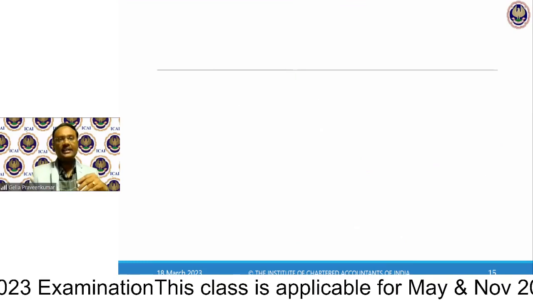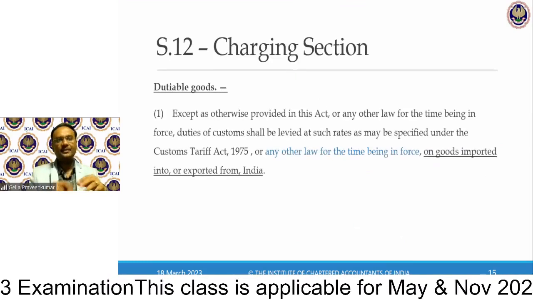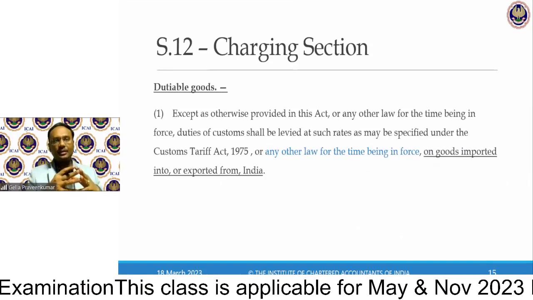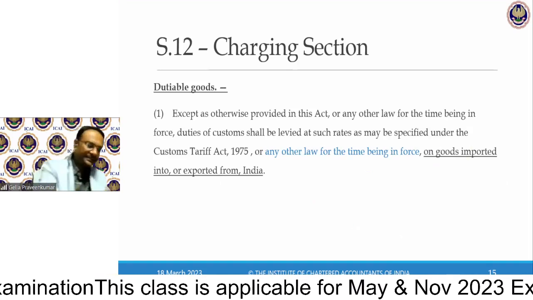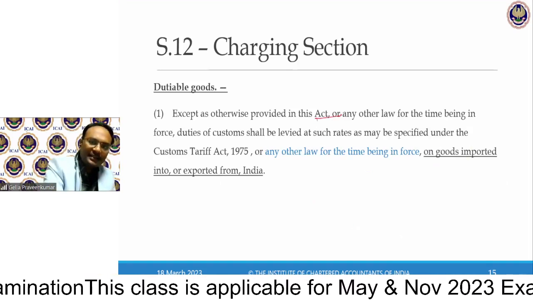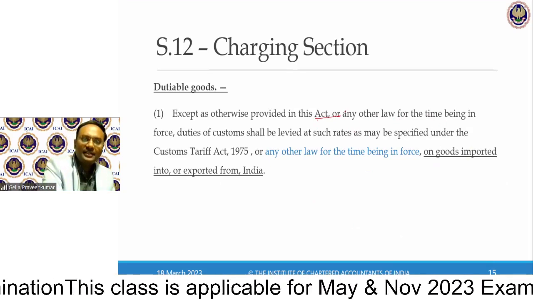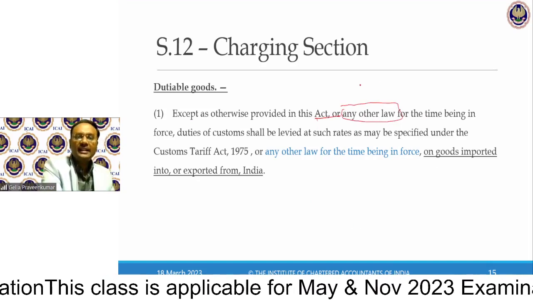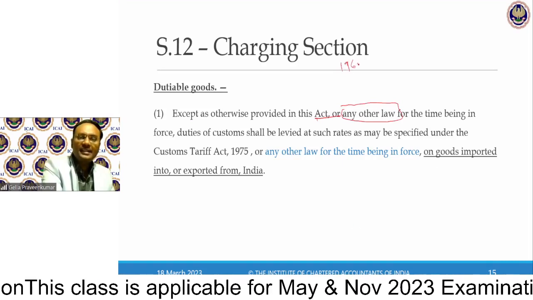With this, I jump into Section 12, which deals with the charging section. Section 12 under the Customs Act 1962 says that, except as otherwise provided in this Act or any other law for the time being in force. When I refer to this term, any other law, please remember, students, this is quite an old law, formulated in the year 1962.